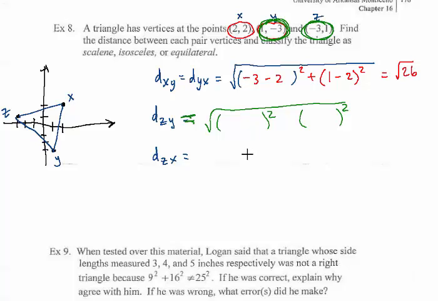The difference between the Y's and the difference between the X's. So for the Y's we have a 1 minus a minus 3, and then for the X's we have a negative 3 minus a 1. We add the 2 together. This works out to be 4 squared plus a negative 4 squared, which gives us the square root of 32.